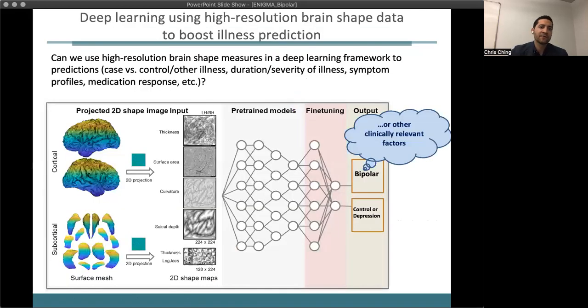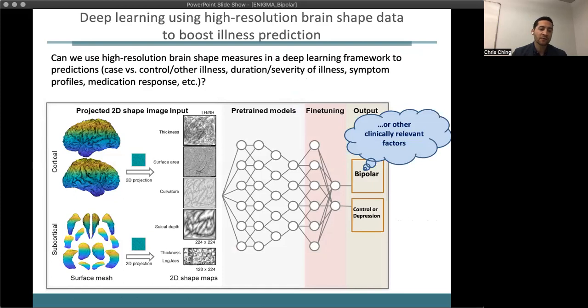Now, this is an example of one of the deep learning tools that we've been using and some of the more high resolution brain shape features that we're feeding into these pipelines to try to boost the performance of some of these predictive models.